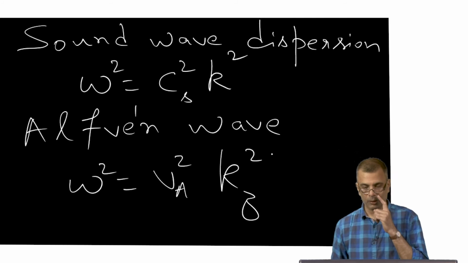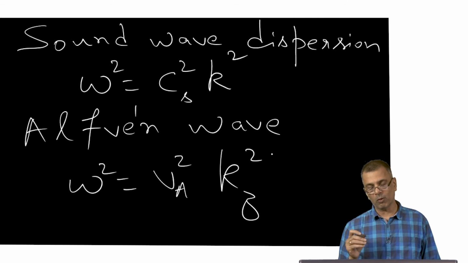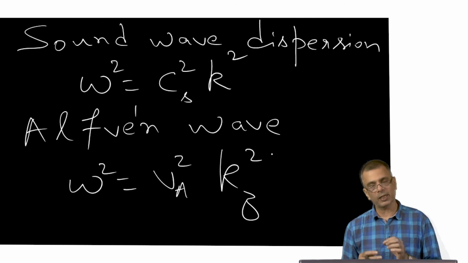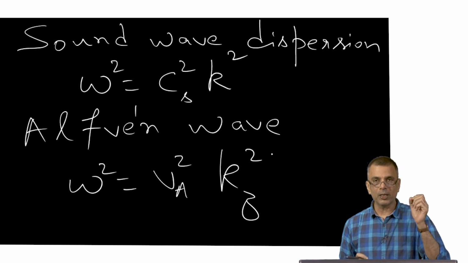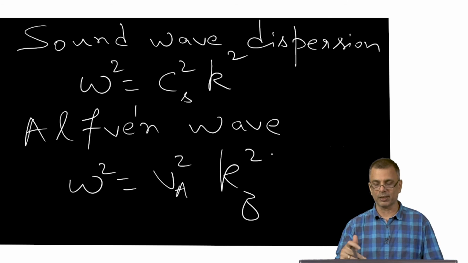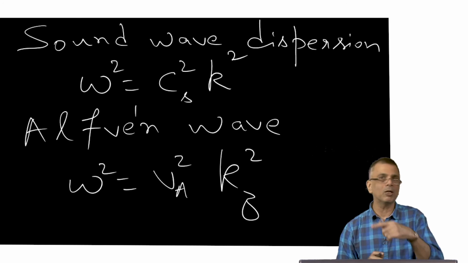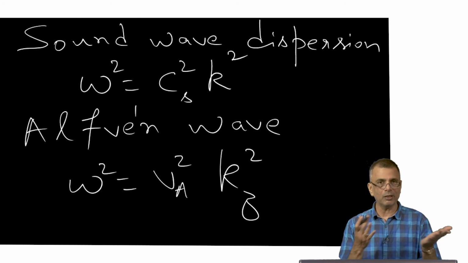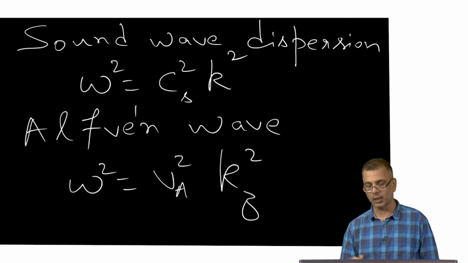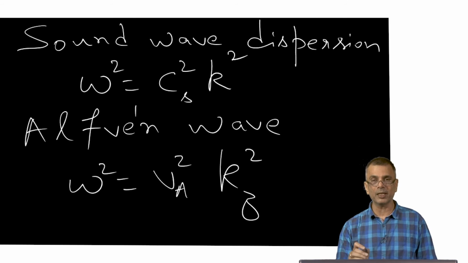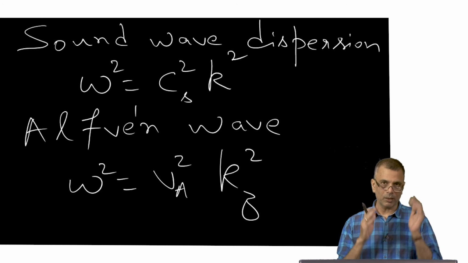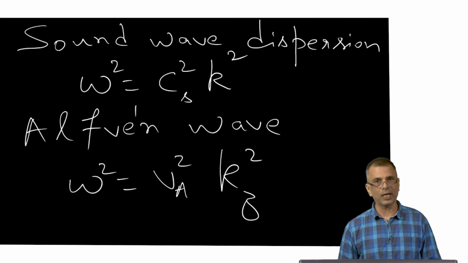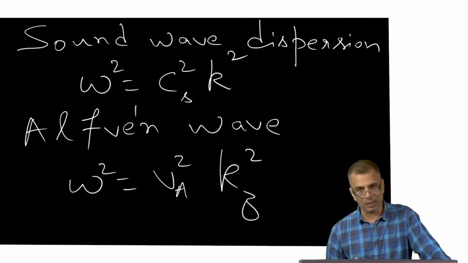Very important. First of all, the whole point is that the Alfvén wave is like a transverse wave on a string, and the string is the magnetic field. So the appearance of a magnetic field breaks the symmetry. Here the k is the same in all directions; there is nothing to distinguish one direction from the other. Here the presence of a magnetic field immediately sets a preferred direction. So it breaks the symmetry, and the k in one direction is not the same as the k in other directions.